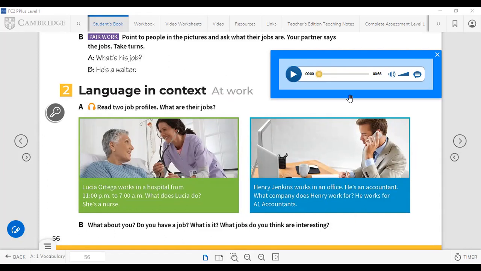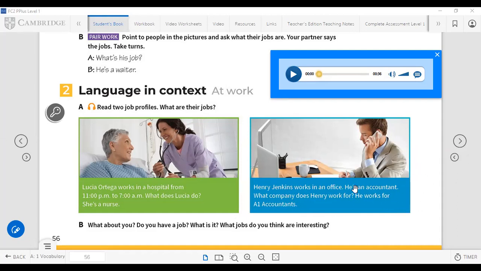Let me ask Rosemary. Rosemary, in the second reading, what is his job? Could you repeat, please? What is his job? Here, in the second reading.